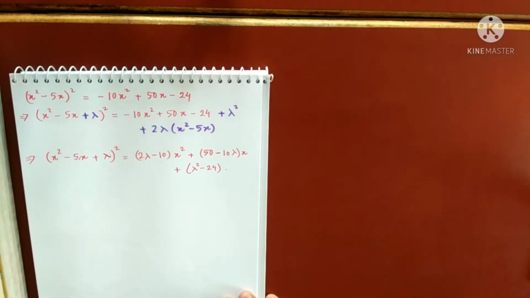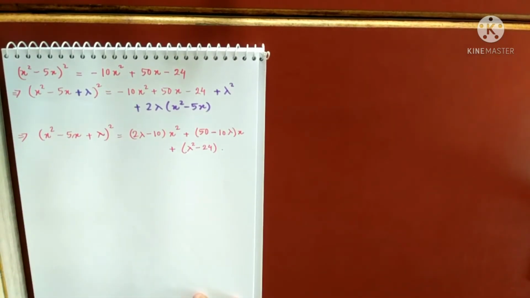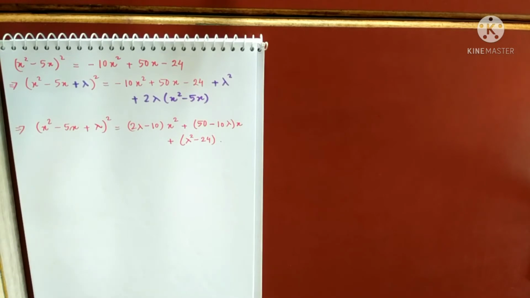So when I give you a quadratic, when can you write that quadratic as a perfect square? When both the roots of that quadratic are same. It is only possible when both the roots are same. Suppose the roots are alpha and alpha. So the quadratic can be written in the form x minus alpha into x minus alpha. That is x minus alpha whole square.